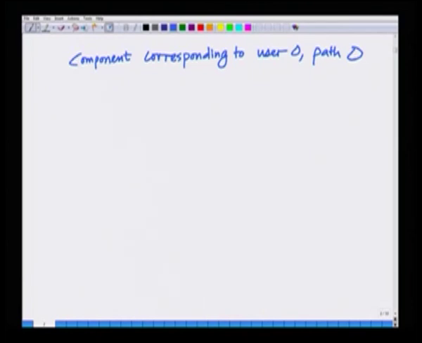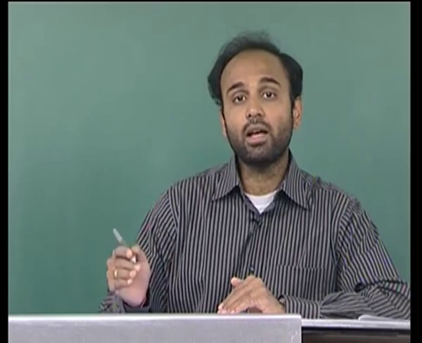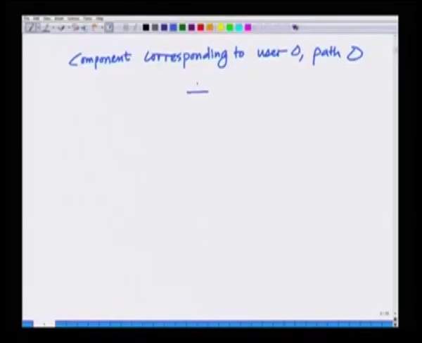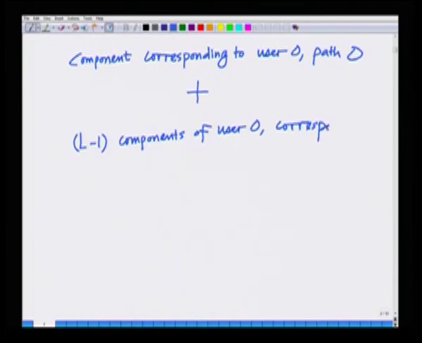Then I have L minus 1 components of user 0 corresponding to the other L minus 1 paths. This is similar to the rake receiver.